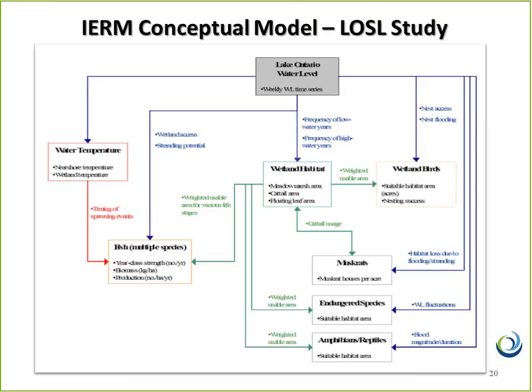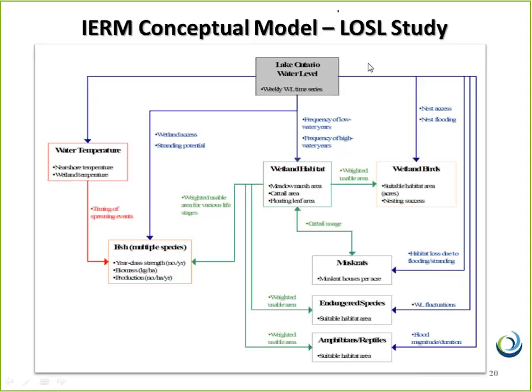So this is a conceptual model. It's kind of hard to read this graphic, but let's say here we've got multiple fish species that were of concern, and the timing of their spawning is going to depend on water temperature, and it's going to depend on water levels, their access to wetlands, and also the existence and growth of wetlands.